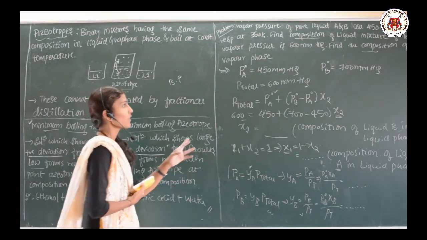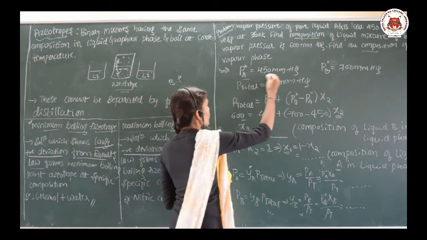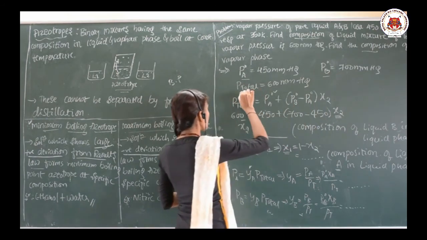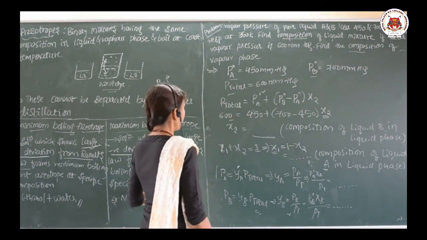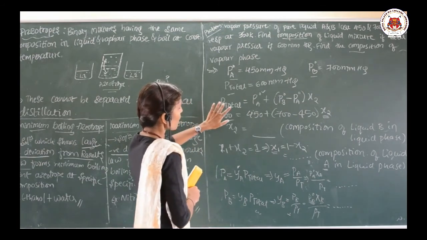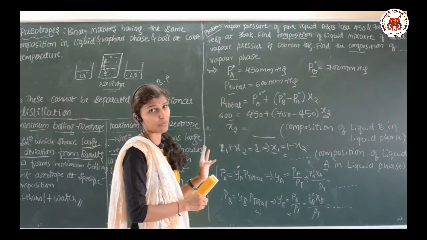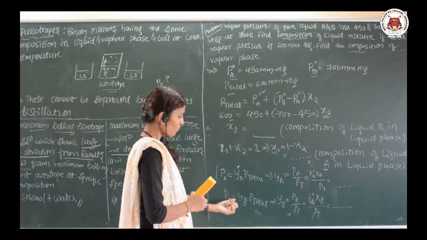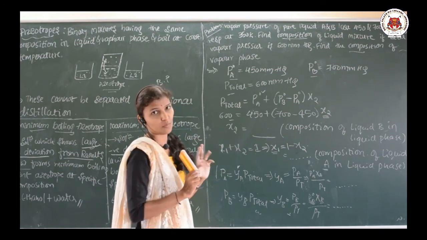So let us go for the problem. The problem gives the vapor pressure of the two pure components and the total vapor pressure of the solution. I need to calculate the composition in the vapor phase. In order to calculate that, first I need to know the composition in the liquid form.